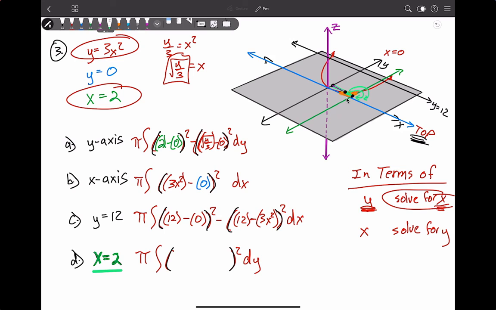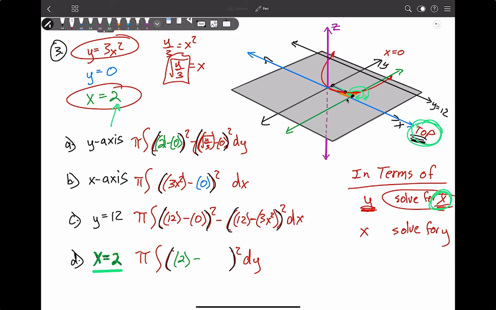We want to tilt our head to the right to where this becomes the top again, so that our top function is the green function, which is in terms of y because we've solved for x. So the top function here is going to be 2. Again, this is from rotating your head. And the bottom function is going to be touching this red graph that was over here. Okay, that's the bottom function.